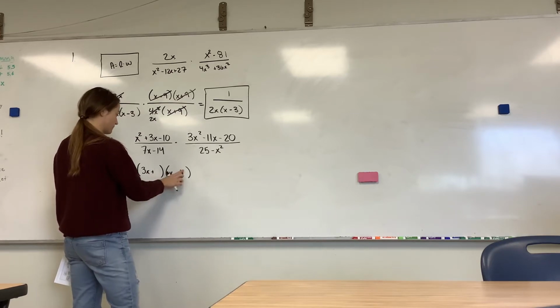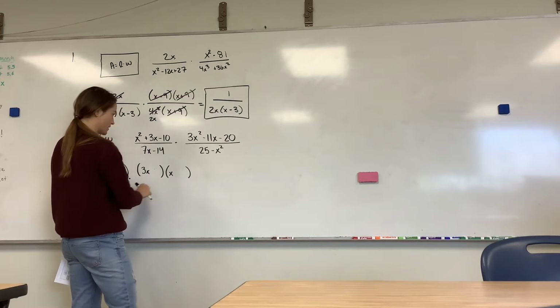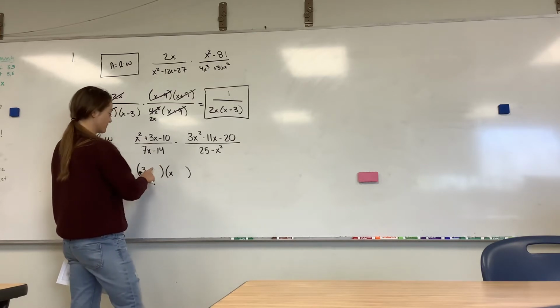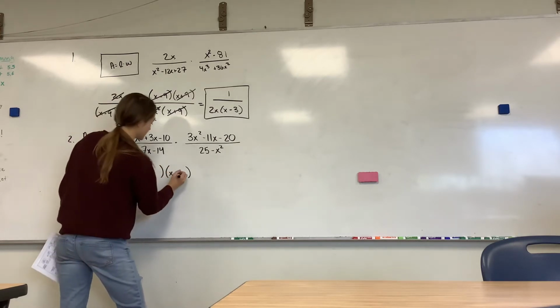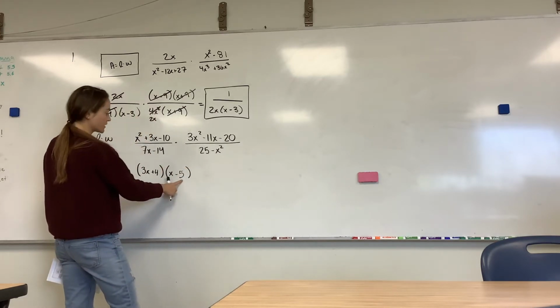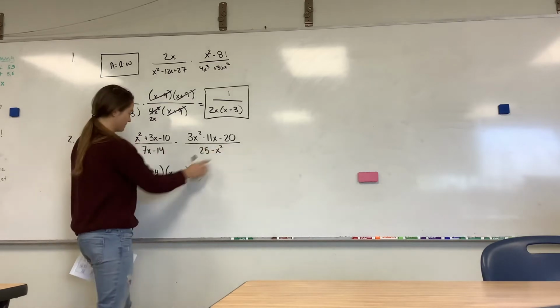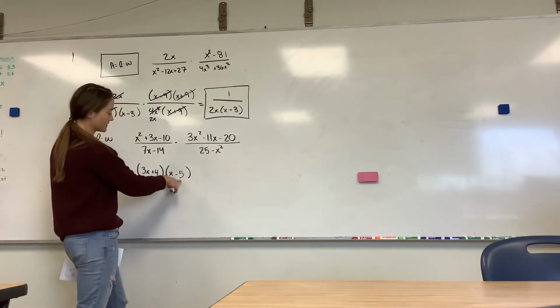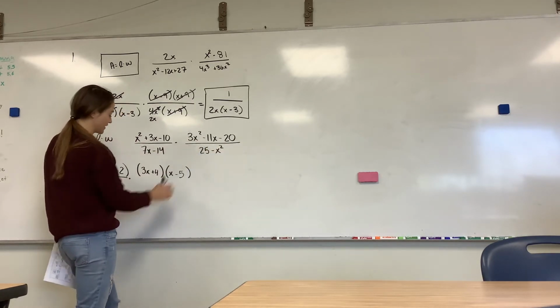That doesn't work. 3x, so times 5. 5 and 4. So if we do 3x minus 5 and plus 4, there we go. 4 times negative 5 is negative 20. 3x times negative 5 is negative 15x, plus 4x, negative 11x.